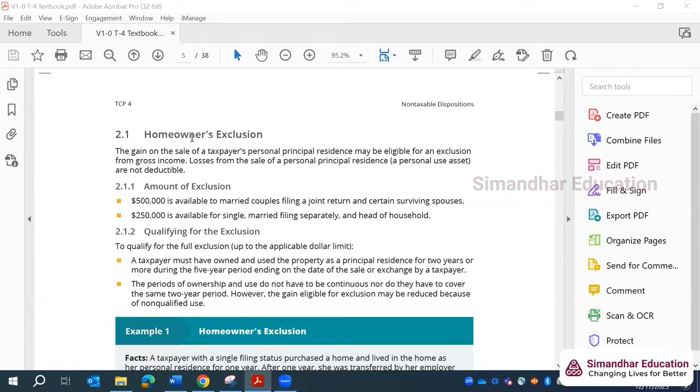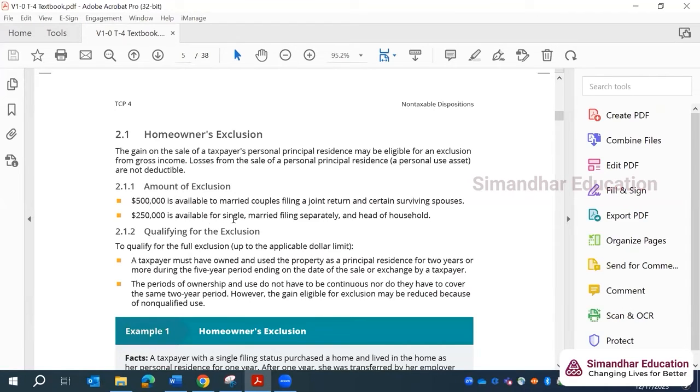So you see, this section here talks about how much gain can be excluded. If you are married filing jointly, that means husband and wife are filing one tax return, or you are a qualifying widow or widower, surviving spouse, then you will get an exclusion amount of $500,000.